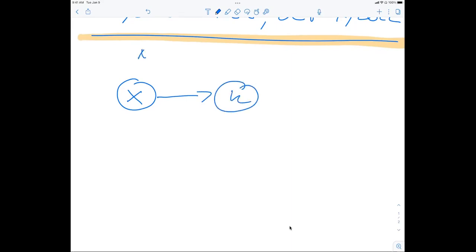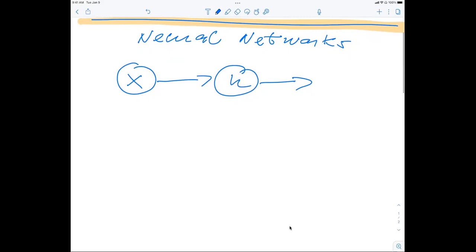So let me just also put up here neural networks. And then these hidden layers produce an output. And what we call these different layers is, this is the input layer, pretty obvious.